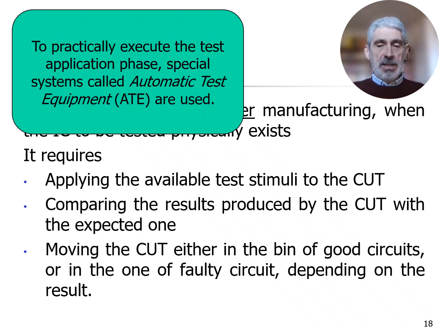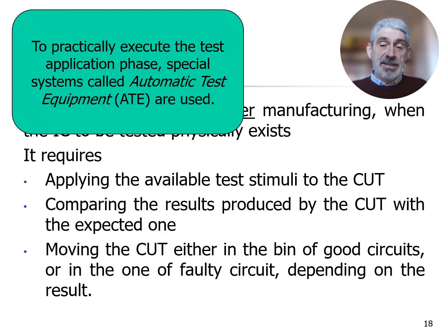During this phase, a key role is played by the tester. The tester, or as it is more technically called, the automatic test equipment, or ATE, is the system which is used to pick every circuit under test and place it on a specific head, a station where we can easily apply the stimuli and observe the outputs.